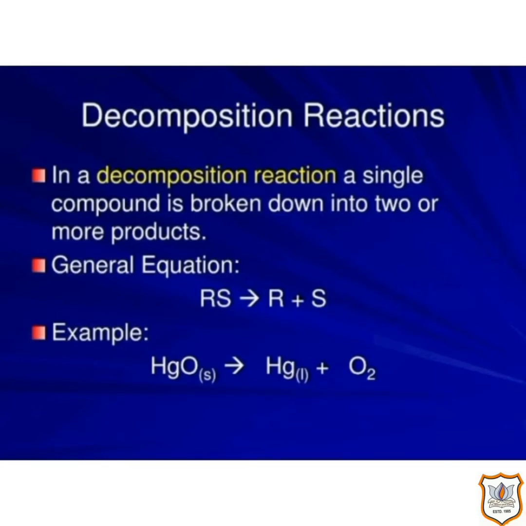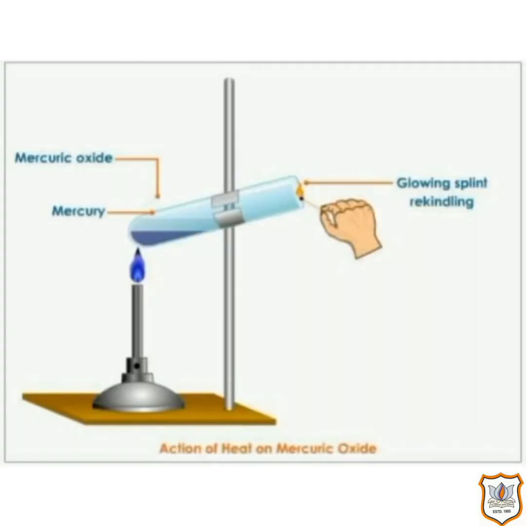Similarly, HgO is a compound and decomposes into Hg plus O2, meaning mercury and oxygen. Let's see an activity. Here we are taking some amount of mercuric oxide in a dry test tube, and after heating for 5 minutes the crystals of HgO decompose into Hg and oxygen.